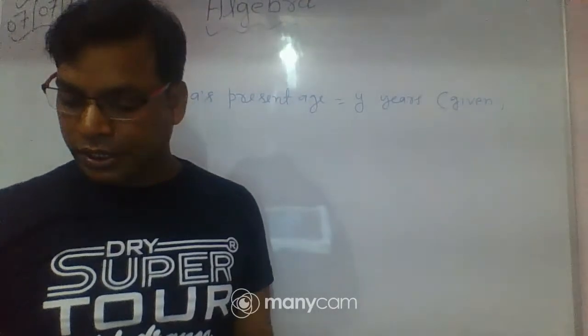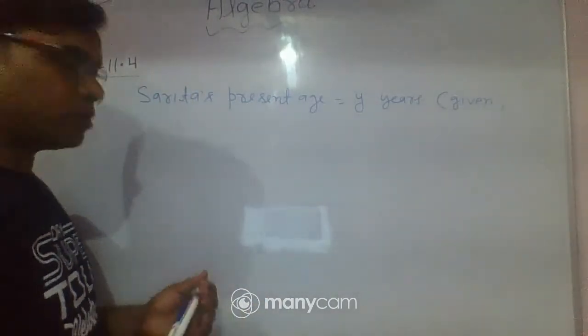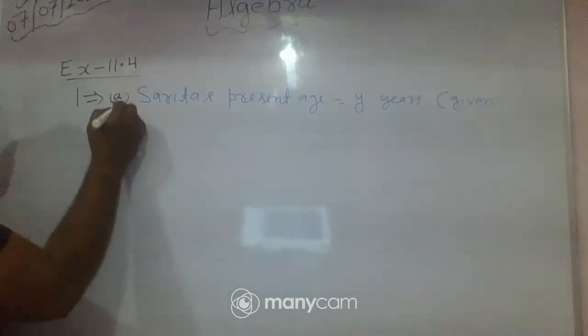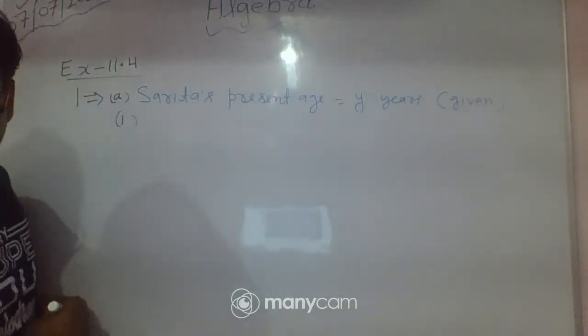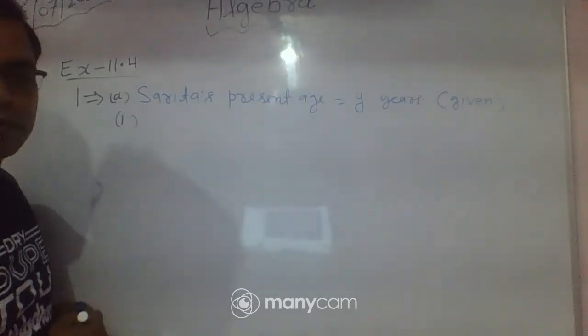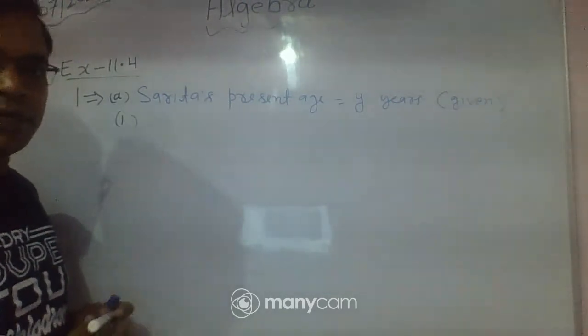So first question, question number 1, part A, and first part. What will her age be 5 years from now? Age of Sarita 5 years from now means after 5 years.